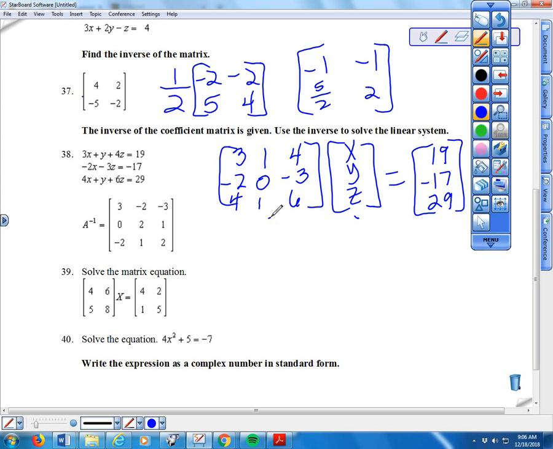Because when I do that, it just gets me 1, or the identity matrix in this case. I'm going to call this matrix A, so this is the inverse of A. And I have to do exactly the same on the other side, because the order matters with matrices. So I can't take this times the inverse matrix. I have to take the inverse matrix times this.